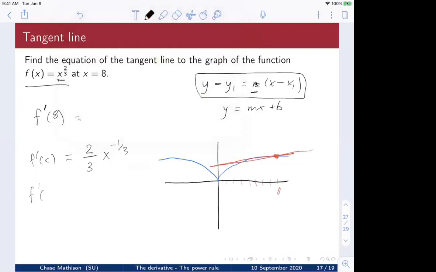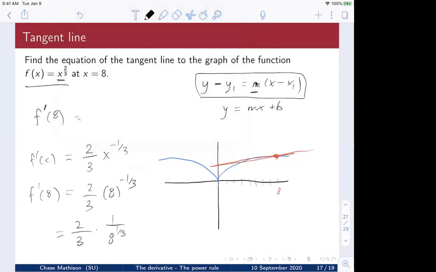So f prime of 8 is going to give me 2/3 times 8 to the minus 1/3, which might be easier to rewrite as 2/3 times 1/8 to the 1/3, right?